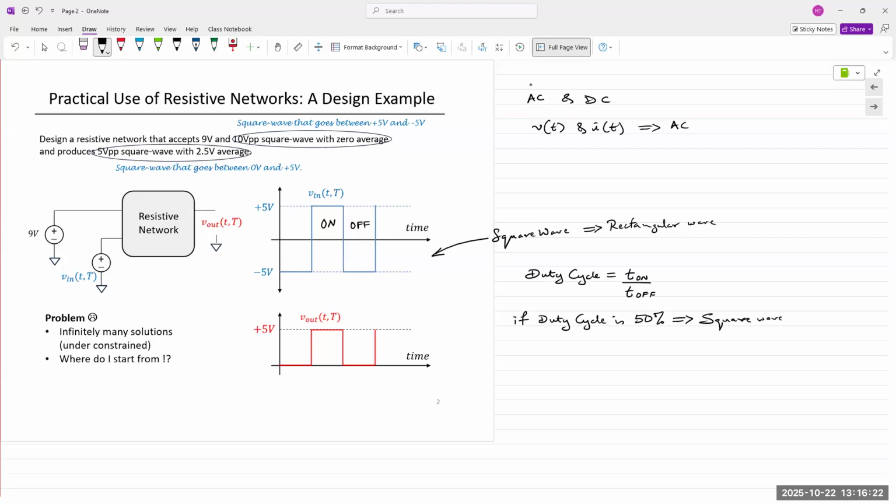That's it. So rectangular can have any ratio of the duty cycle, but if it is 50%, then it's a square wave. The height or the amplitude does not matter. So far, so good. I believe you have already done an experiment with square waves, right?